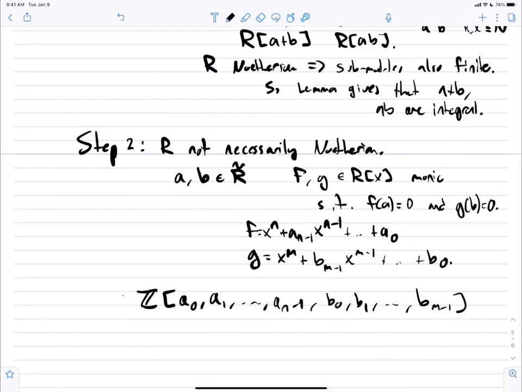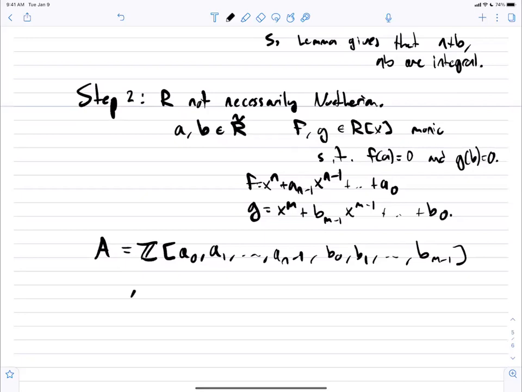Let me call this capital A. So capital A lives inside of R, which lives inside of S. And because I stuck all these coefficients in here, it's still true that A and B are integral over this capital A. These two elements that I started with, integral over R, are also integral over the subring, because I stuck in all the coefficients that I needed to make them integral.